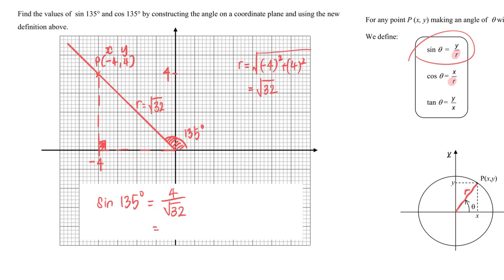This will give me a value of 0.70711, 5 significant figures, followed by 0.707, 3 sig fig.